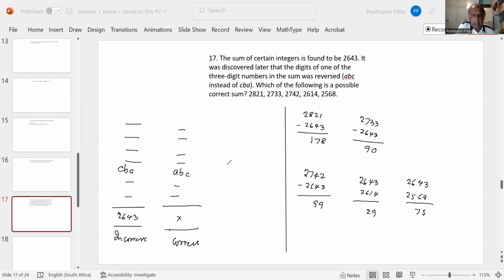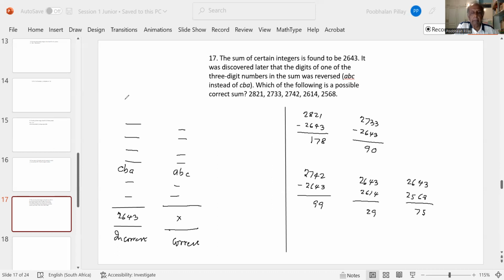The thing about this is that when you subtract these numbers, let me subtract x minus this answer and that answer.